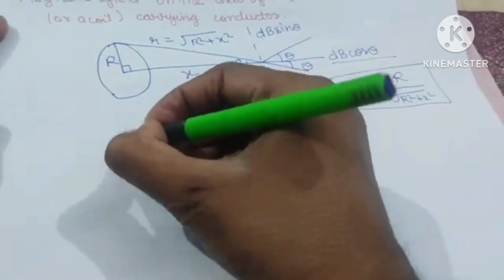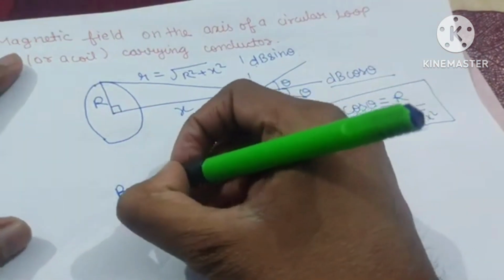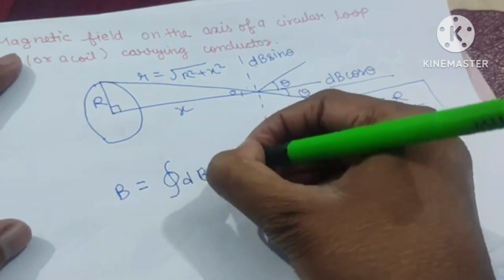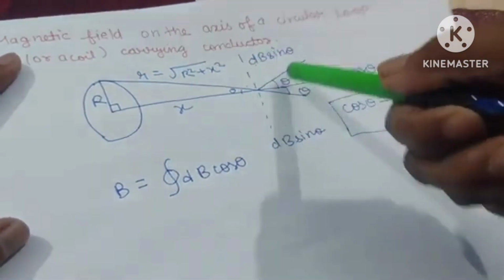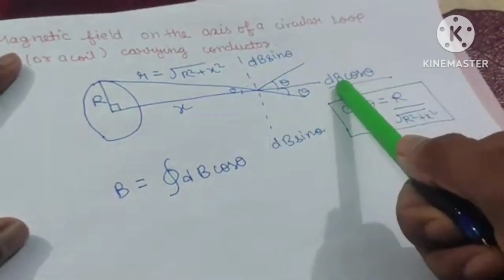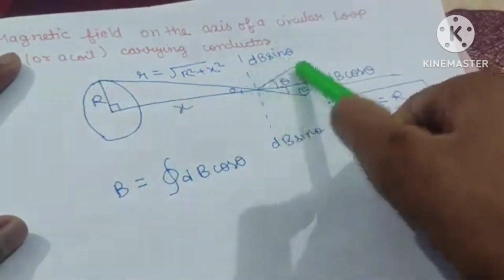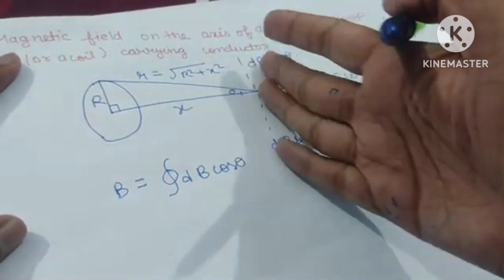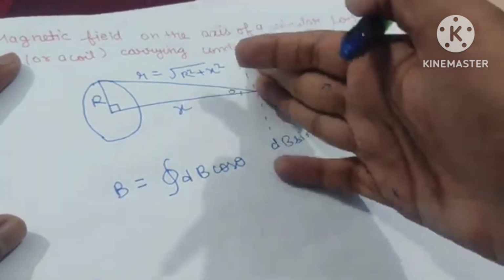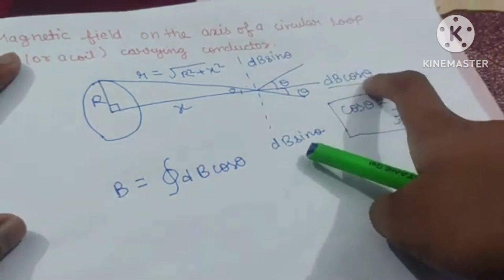Now the magnetic field is equal to the closed integral of dB cos theta, because the dB sine theta components cancel each other, so only the horizontal magnetic field is left. We cancel the vertical magnetic field, so the only thing left is dB cos theta.